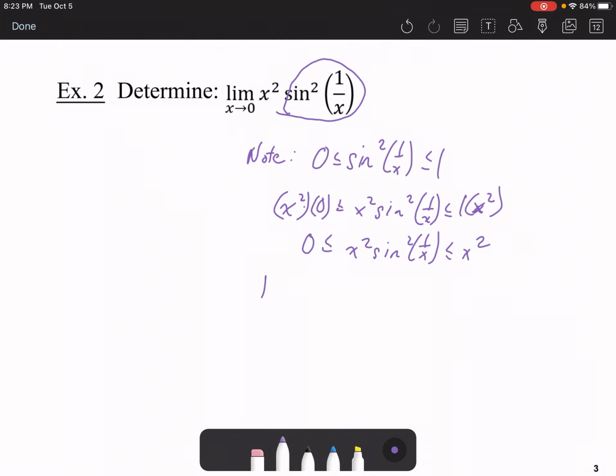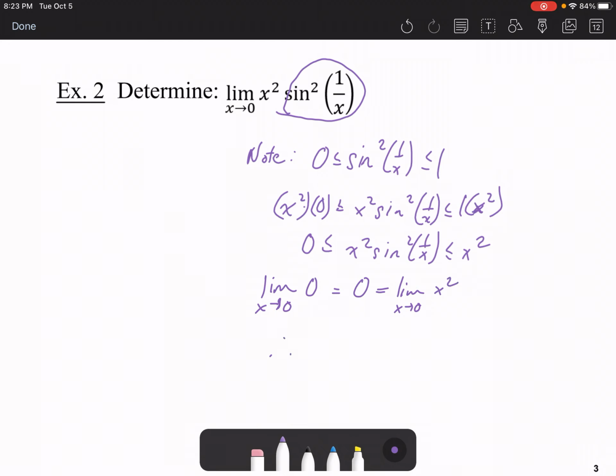Well, the limit as x approaches 0 of 0 is equal to 0, which is also the limit as x approaches 0 of x squared.